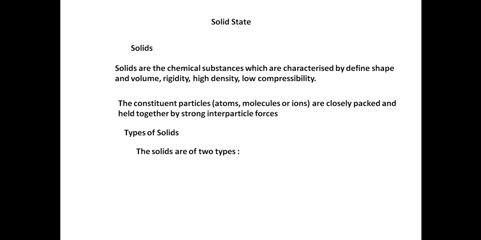Here we will discuss the types of solids. The solids are of two types. First, crystalline solid and another is amorphous solid. Crystalline and amorphous solids are very different from each other.